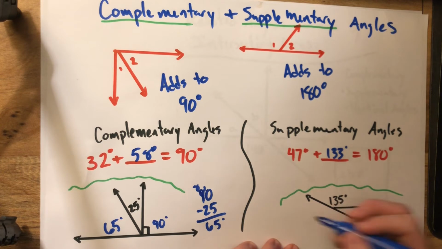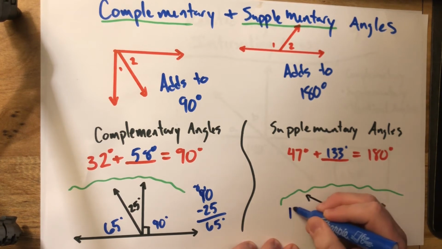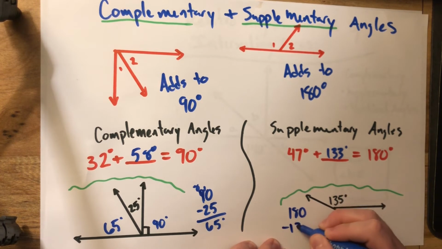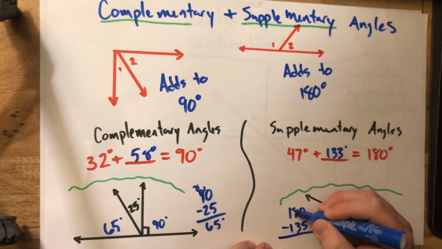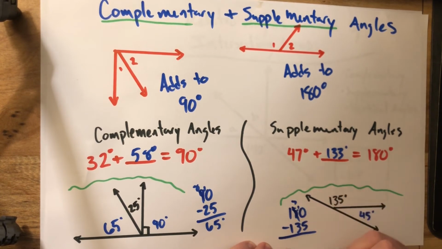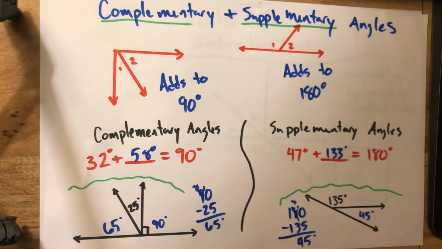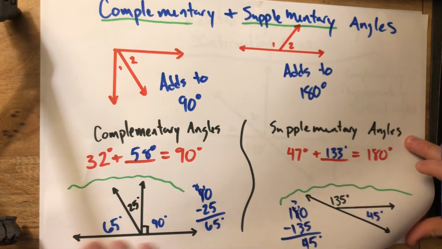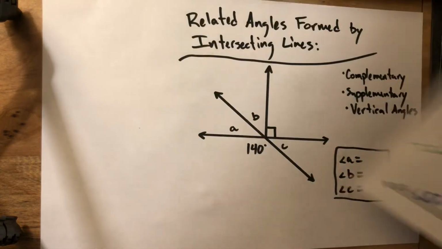You could also look at it as a subtraction method of saying 180 degrees minus 135 degrees is 45 degrees. Now we're going to use this in some problem solving. Set this to the side here.